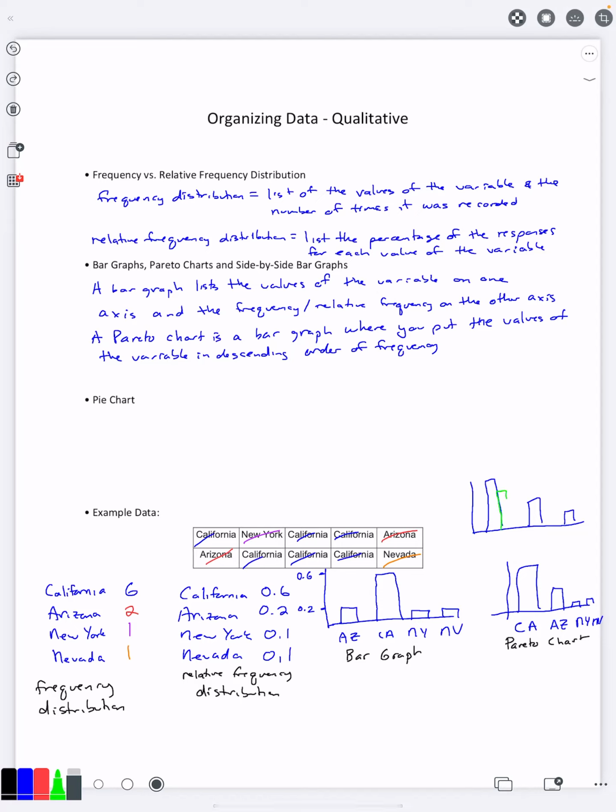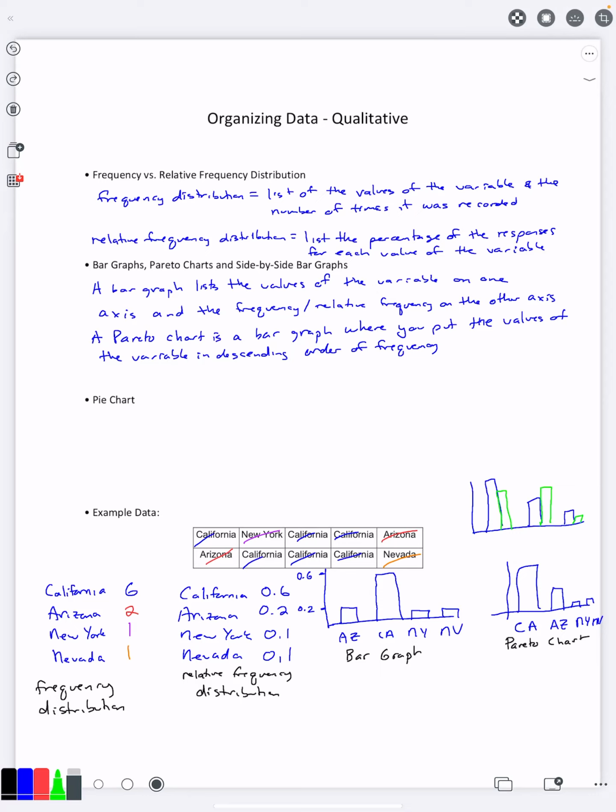And since they have the same values of the variable, you put them right next to the other one. That way you can compare side by side, you know, maybe there's more men in this state, but more women from this state, and so on. Now, I didn't give you a data example where we have data split up by gender, but if you did, you could create yourself a side-by-side bar graph like that.